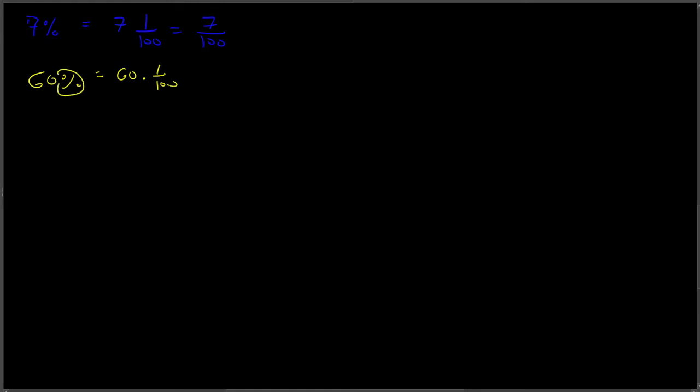So we're using 1 over 100 to substitute in for the percent sign. Now, both of these are divisible by 10, right? If I take 10 out of this, I have 6 and 10, and then I can divide by 2 again, 3 and 5. And so I get 3/5.